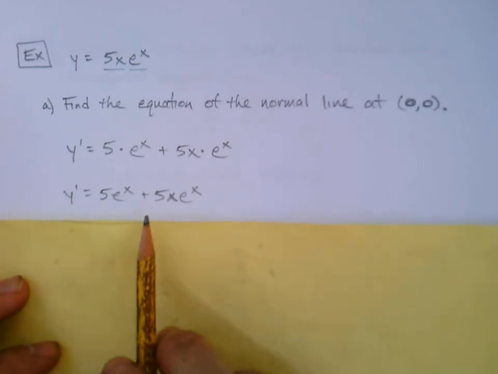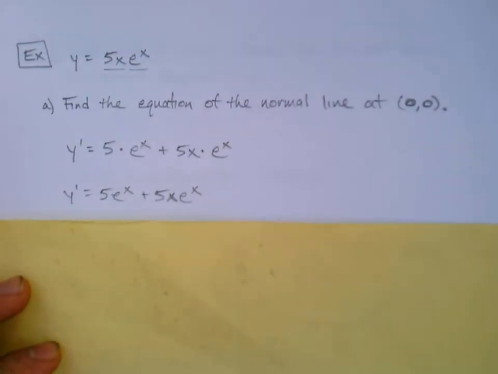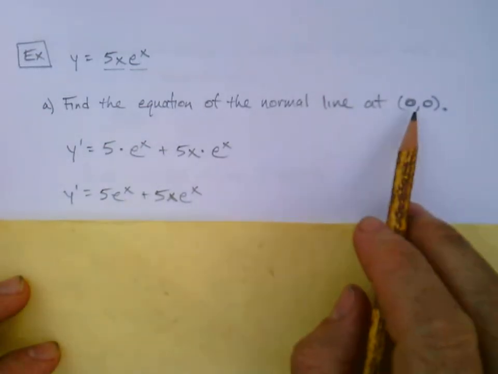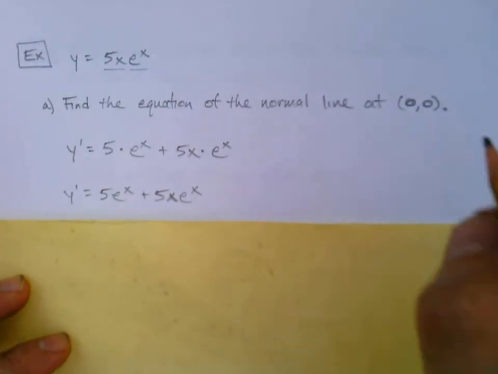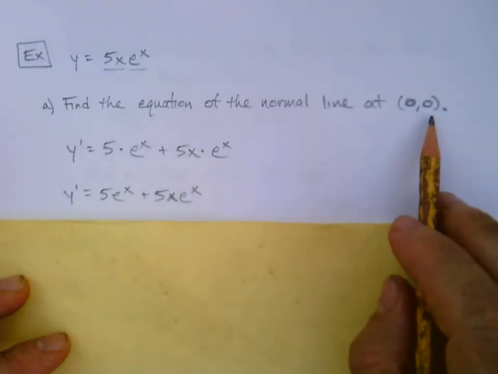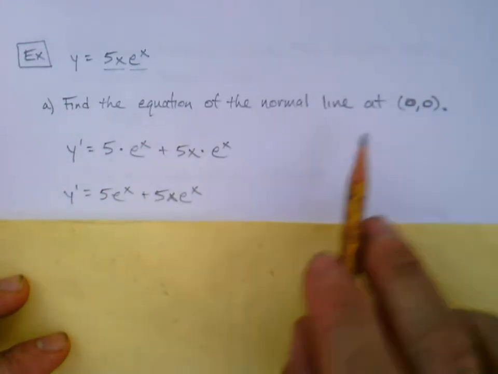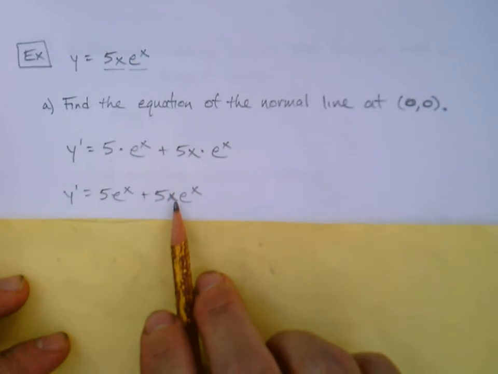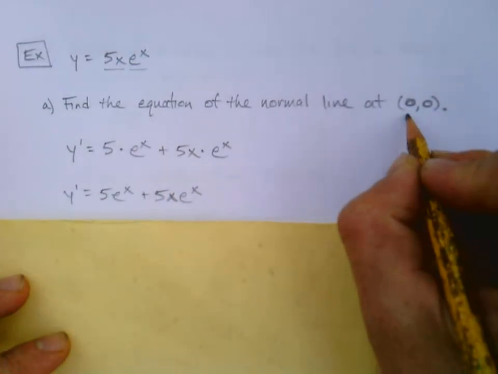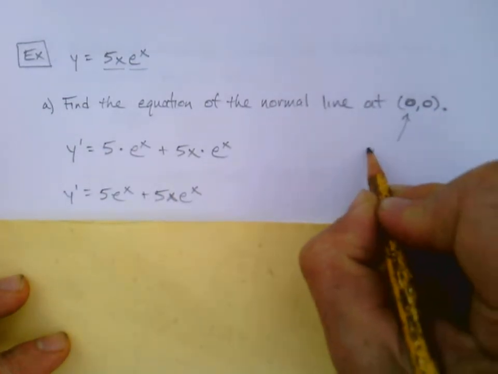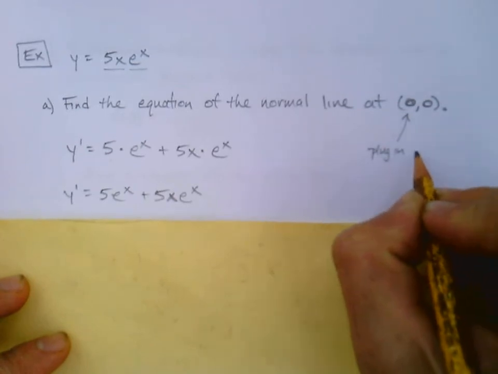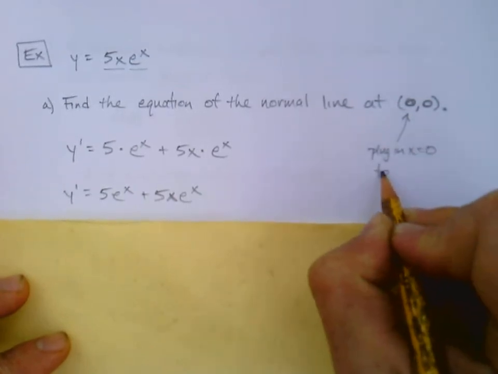The derivative tells us the slope of the tangent line. Let's find the slope of the tangent line at our point. When we are given the full ordered pair, all we need to do is plug in the x value. Plug in x equals 0 to y prime.